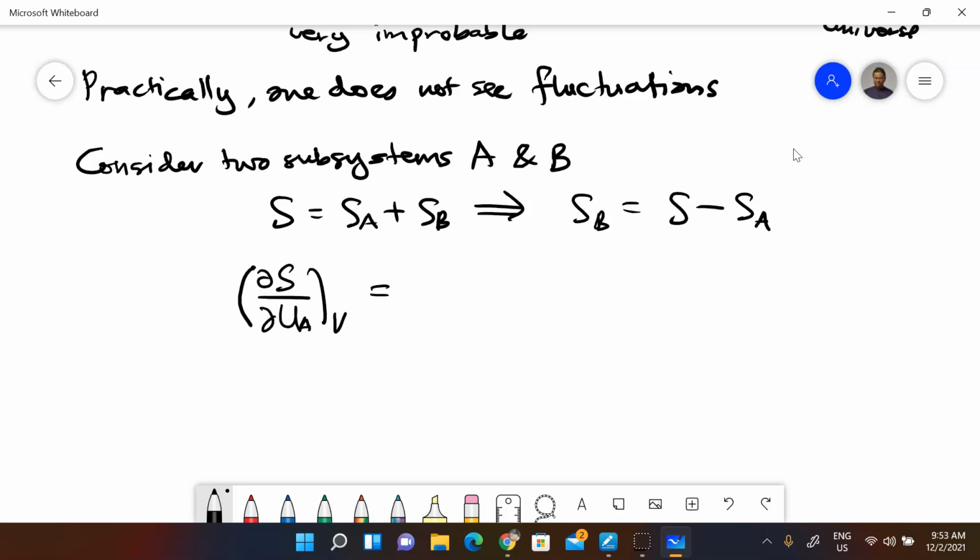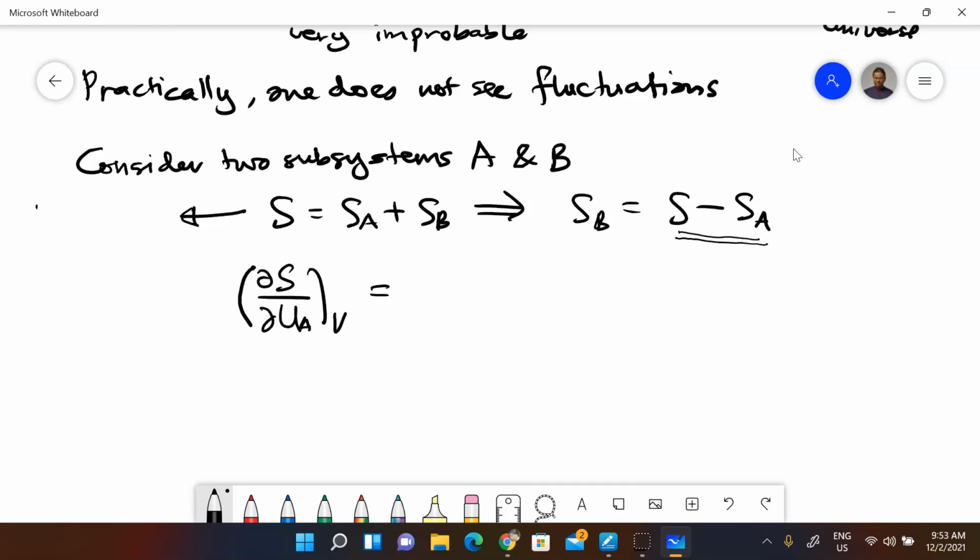And remember that over here, this part is going to be another function which is related in this way. So the derivative of S with respect to UA, you differentiate that as well.